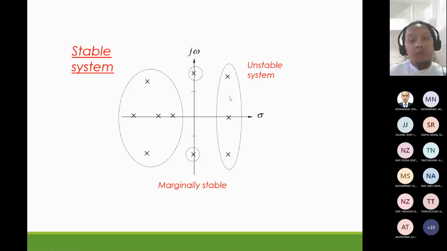But if you have poles located on the j omega axis, then the system is marginally stable. So always remember this. Poles on the left half plane: the system is stable. At least one pole on the right half plane: the system becomes unstable. Poles on the j omega axis: the system is marginally stable.